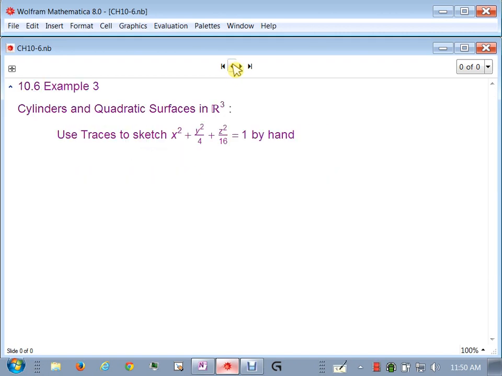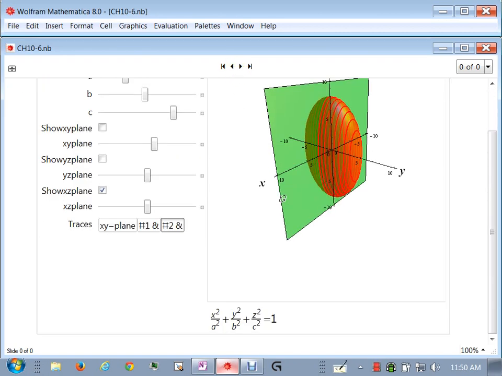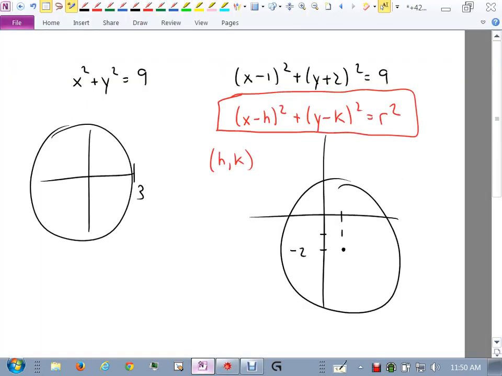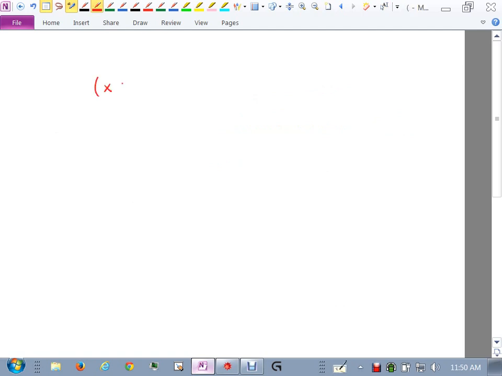So let me show you with the ellipsoid how this would work. Here's a general equation of an ellipsoid right here, right? So what about if we had something like this? x minus 2 squared over 4 plus y plus 3 squared over 25 plus z squared equals 1. This would be the equation of an ellipsoid, wouldn't it?